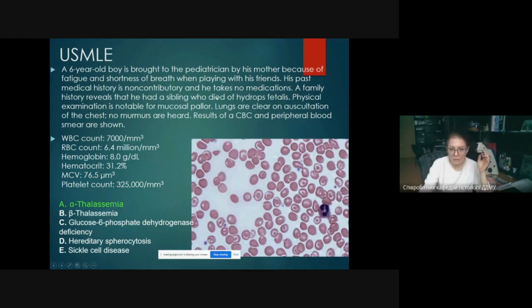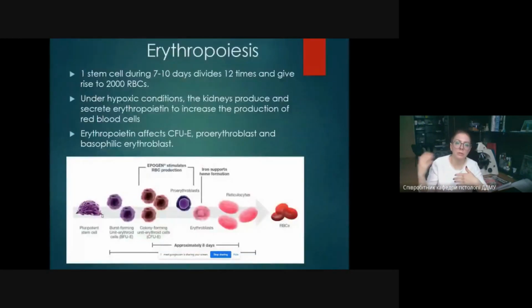And because of this detail, you suspect alpha thalassemia, not beta. But I think that in pathological physiology, you're going to return to this topic, and we give you this example now only for you to understand that basic knowledge is very important to understand pathology in future.